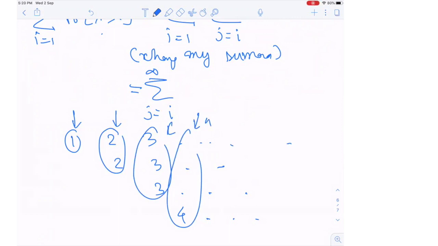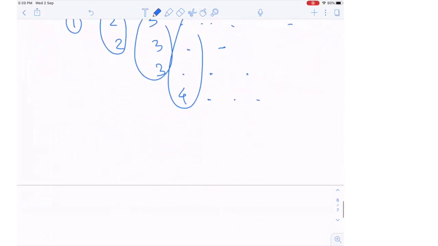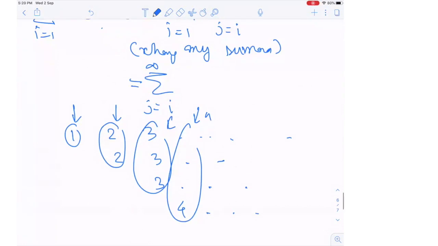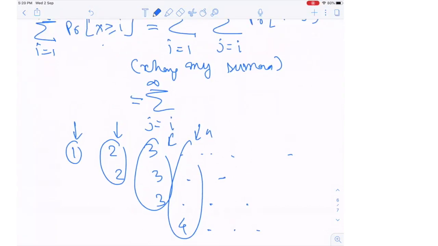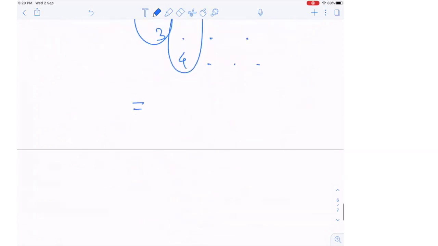So we can reverse this summation and get the summation i equal to 1 to j of the probability x equal to j. This gives the summation j equal to 1 to infinity of j times the probability x equal to j.